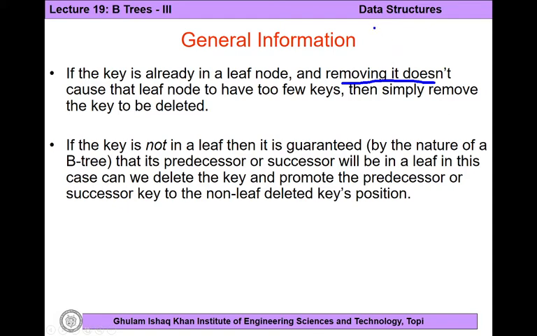For example, if the minimum number of keys to be stored in a B tree node is 3, and we already have 3 keys in a node, even if it is a leaf node, and if we delete this key, then this particular node is violating the minimum number of keys which are to be stored in every node of the B tree. So we need to cater for this problem as well.